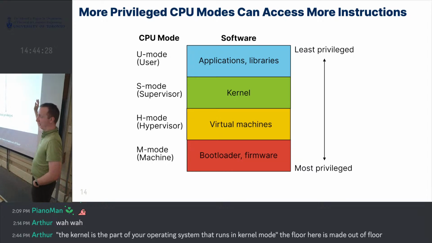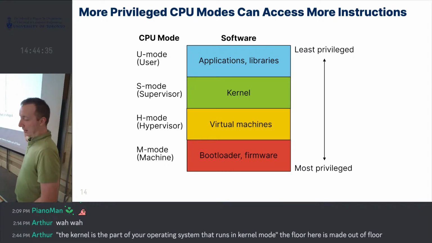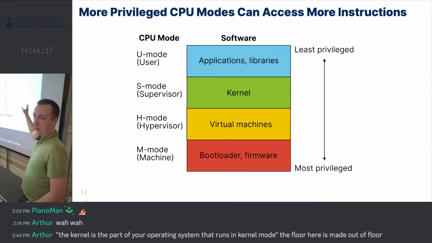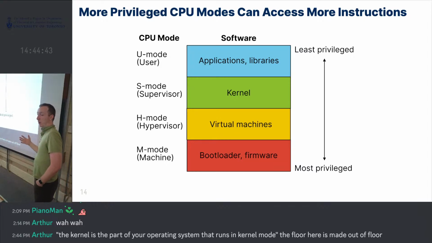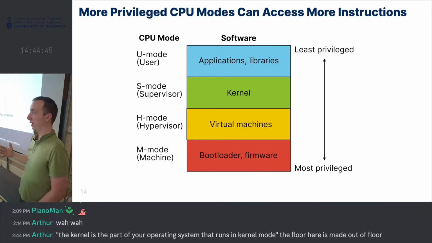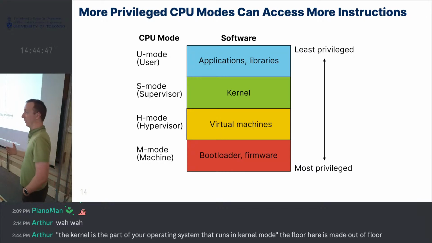Kernel is the part of your operating system that runs in kernel mode. That's literally the definition. S mode or supervisor mode is where your kernel lives. That's the CPU mode your kernel executes in. And below that, even more privileged than the kernel itself, is something called hypervisor.